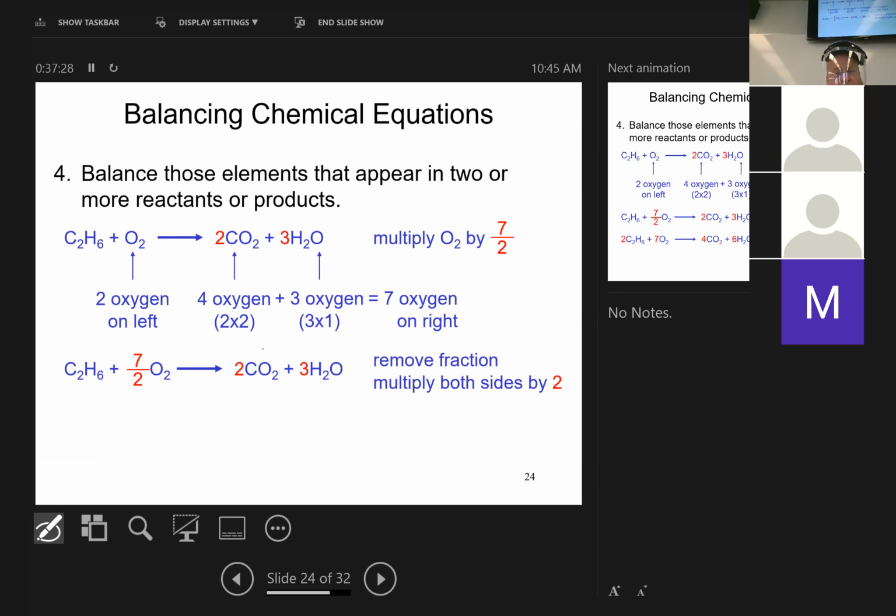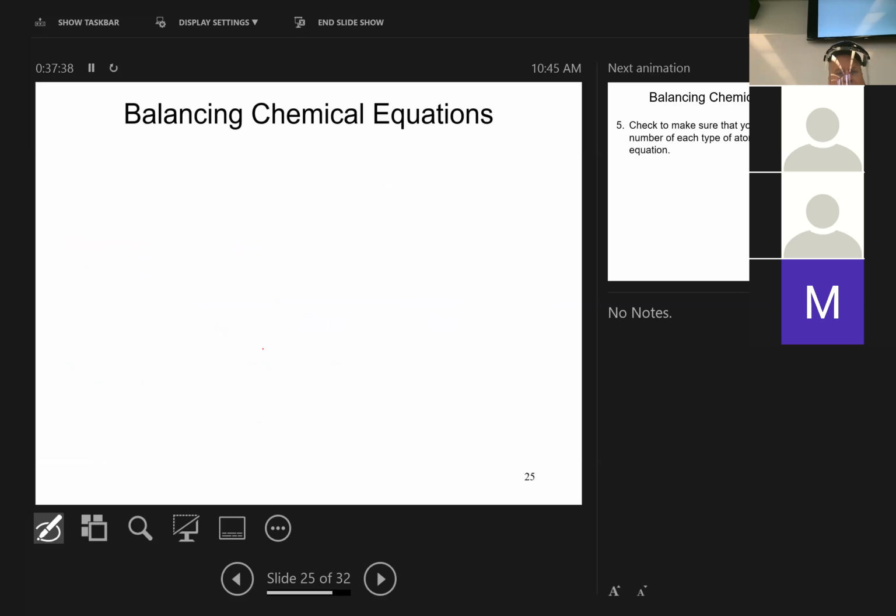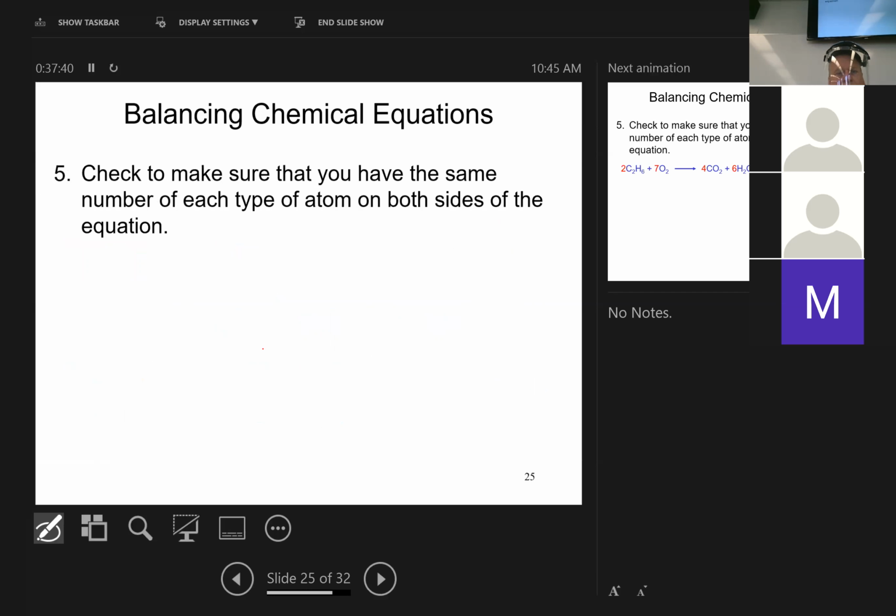To remove the fraction, multiply both sides by 2. That's it, and some more steps. Very straightforward process. You check and make sure you have the same number of each type of atom on both sides of the equation. Now let's look at something more complicated.